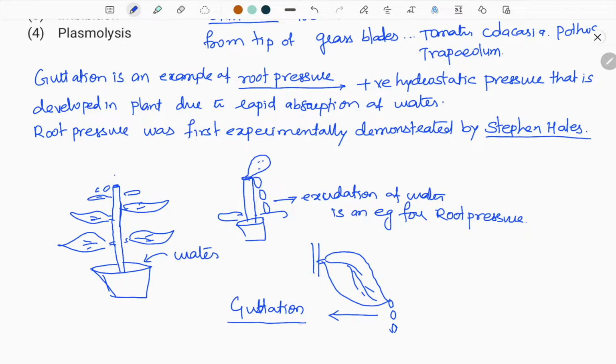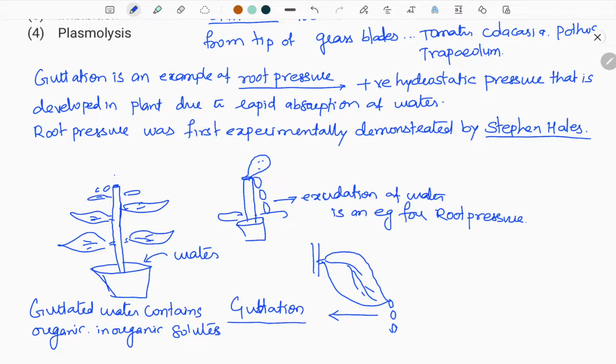In transpiration, the vapor contains only gaseous vapor but none of the other elements, whereas the guttated water contains organic, inorganic solutes also. So I write here, guttated water contains organic as well as inorganic solutes, do remember, whereas the transpired water, transpiration nothing but evaporation.